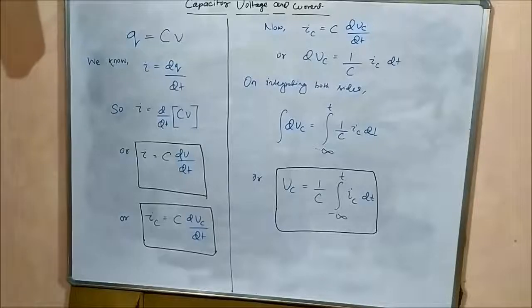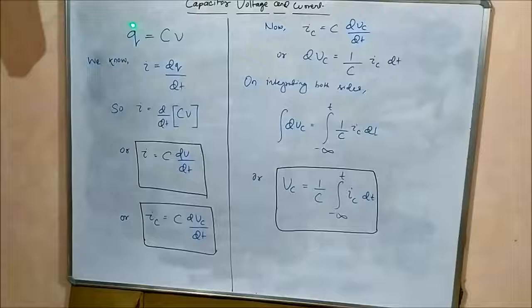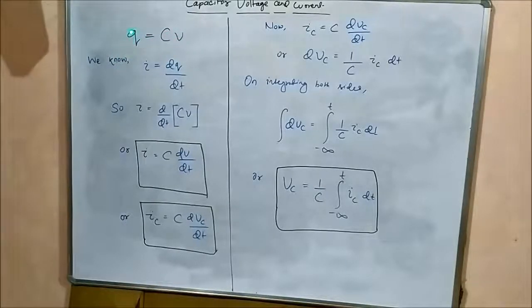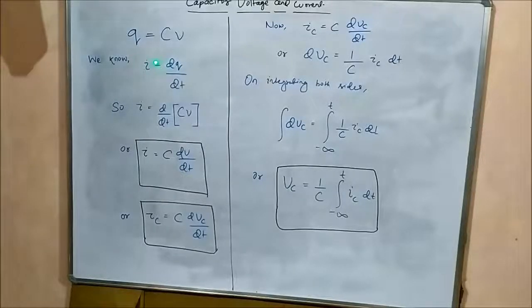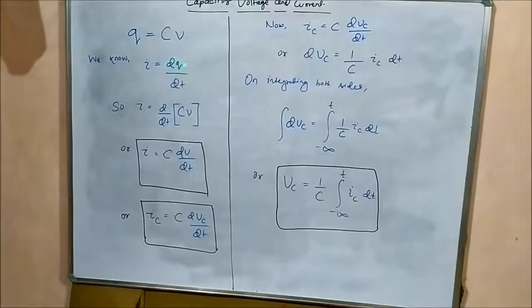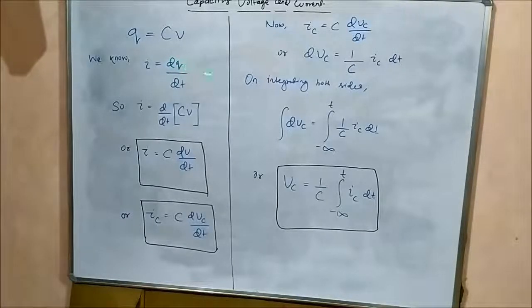We just studied that the capacitance is the ratio between the charge stored and the applied voltage, that is C is equal to Q by V, or Q is equal to CV, where Q is the charge stored. Now we know that the current is the time rate of flow of charge, which is nothing but the derivative of charge with respect to time, I is equal to dq by dt.